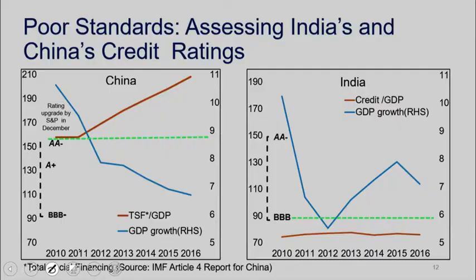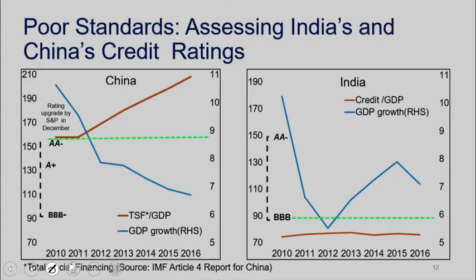What we did in the survey was to show that on these two indicators, India and China are almost completely opposite. Chinese growth has been slowing down, and that's the blue line, from very high levels. India's growth also slowed down, but has started picking up again. So on this measure, India looks at least as good as China does.